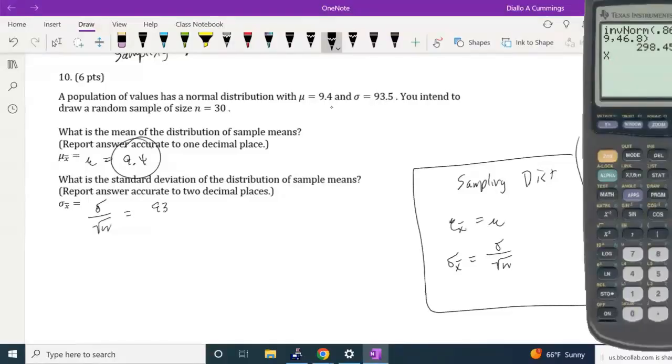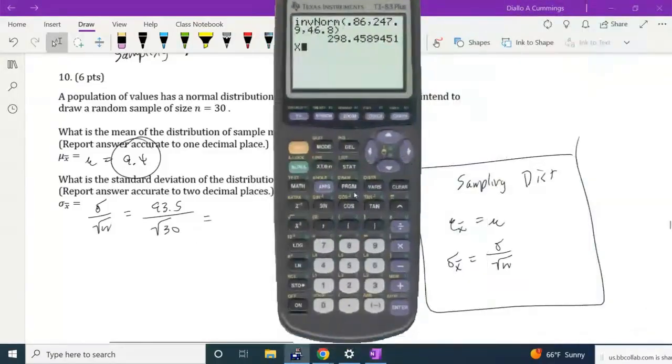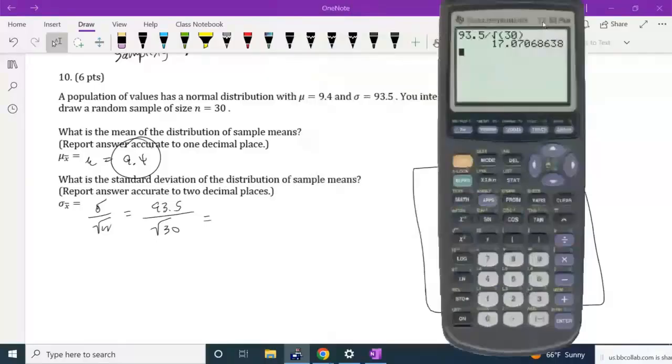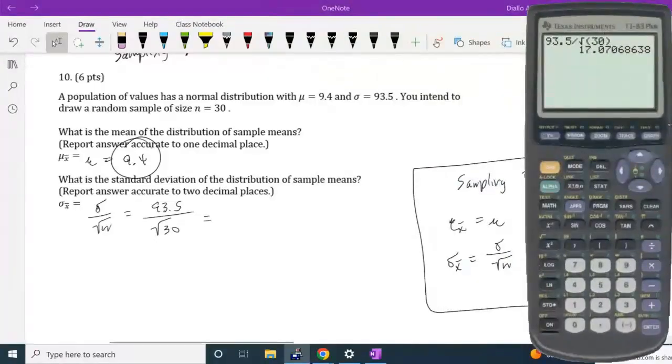So this is going to equal 93.5 divided by the square root of 30. So 93.5 divided by the square root of 30, rounded to 2 decimal places, is 17.07.